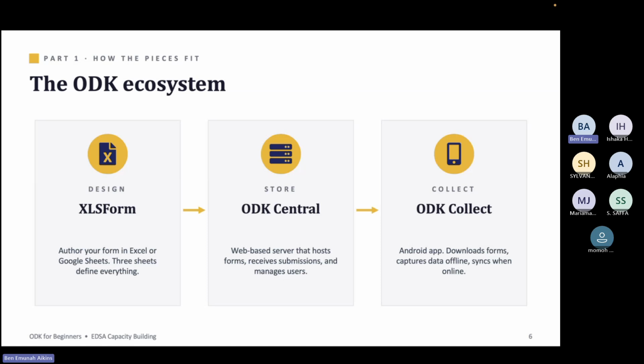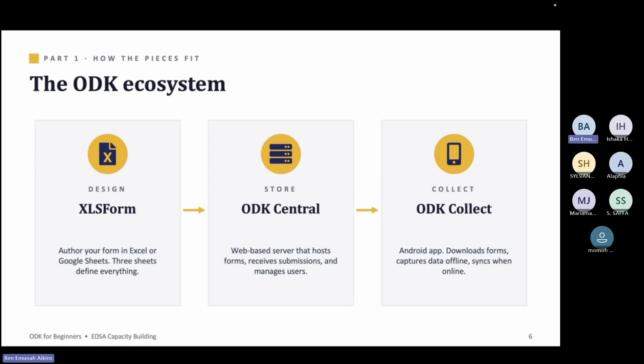After you design your form, you push it onto what we call the ODK Central, which is sitting on a particular web server with an IP address or a domain so that people can open it. In your case, the domain is etsagis.com, and that is where your ODK Central is sitting. I push the XLS form onto that central, and then it can be rendered on ODK Collect.